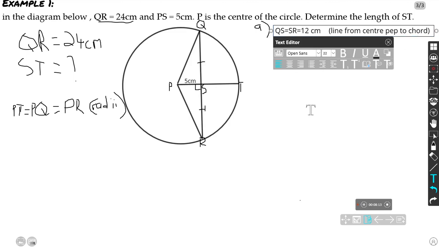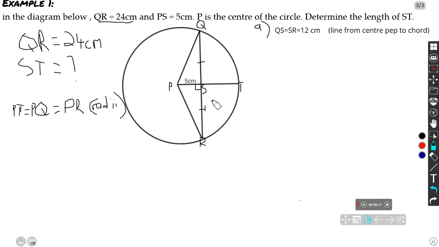Perpendicular to the chord. Now we found that this side is equal to 12 centimeters and this side is equal to 12 centimeters. Remember what we said: PT is equal to PQ is equal to PR. Can we find PT?